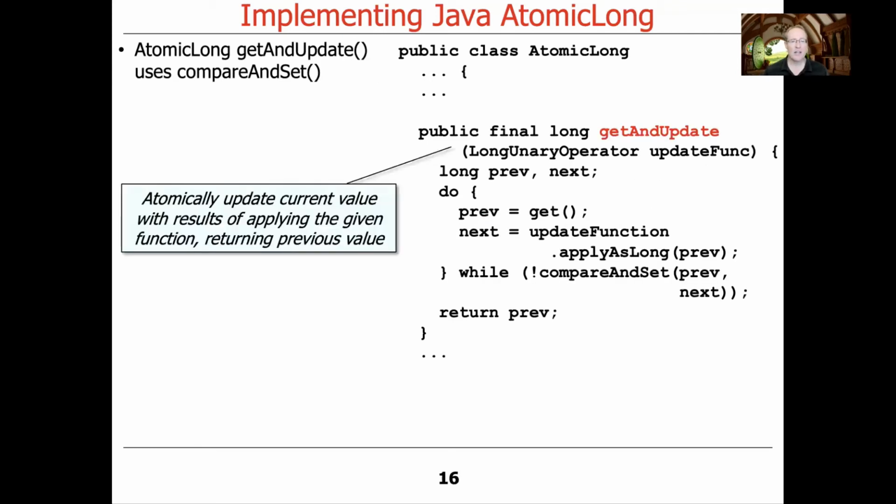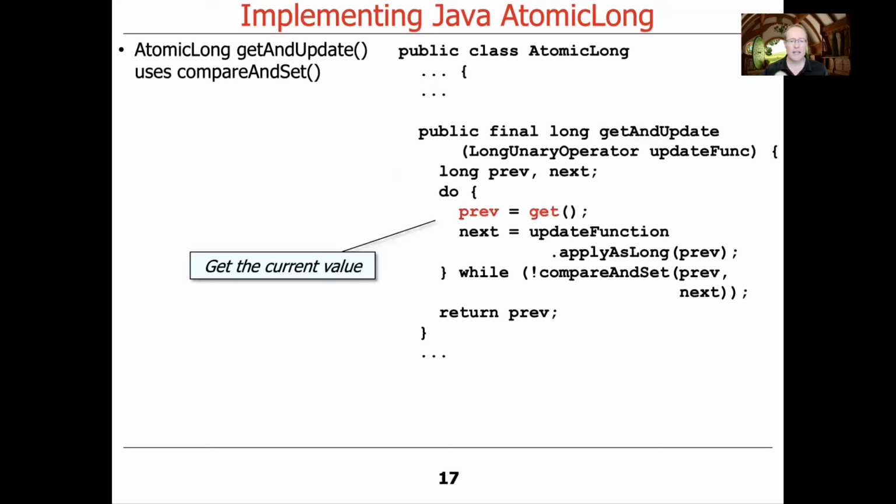There's also another interesting method called get and update. And this is really cool. This is a method that will atomically update a current value with the results of applying a given function and returning the previous value. So this is a really good example of the power of these atomic operations. So what this is going to do is it will get the current value by using the get method, which atomically returns the current value.